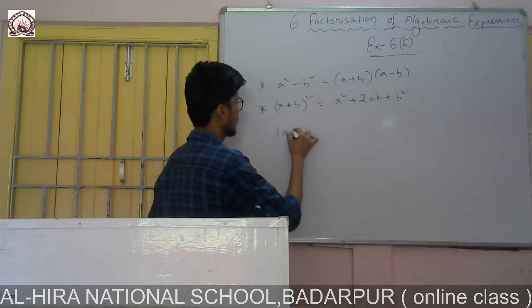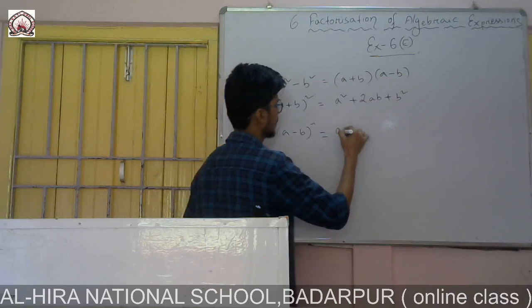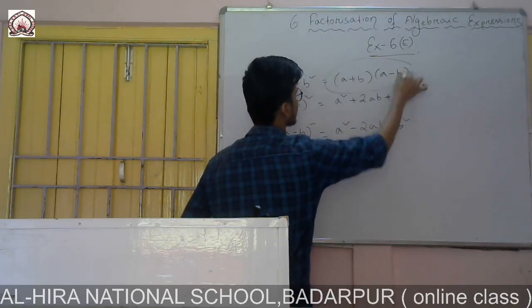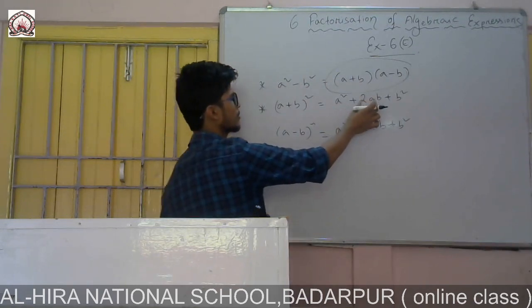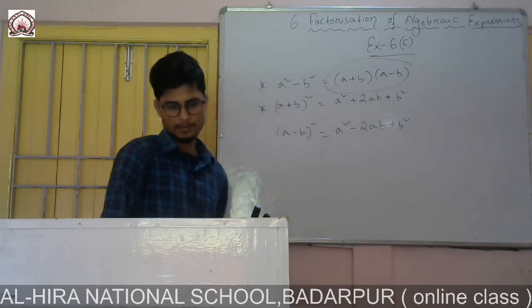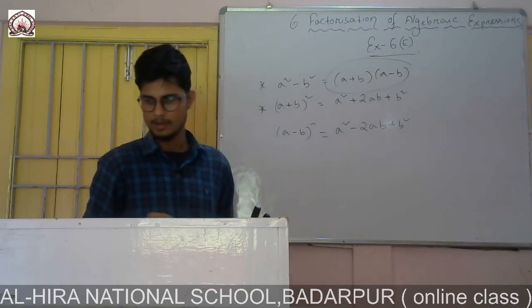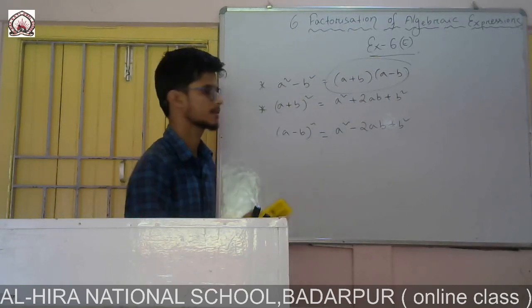And another one, a minus b whole square, is a square minus 2ab plus b square. So we will use these formulas as needed while converting the expressions into this form. Okay, so let's begin the exercise.